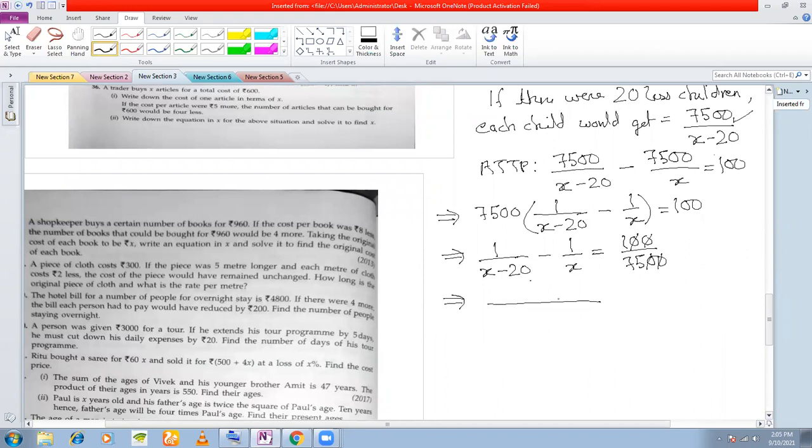And now you can take the LCM here. Sign will change once you open the brackets.